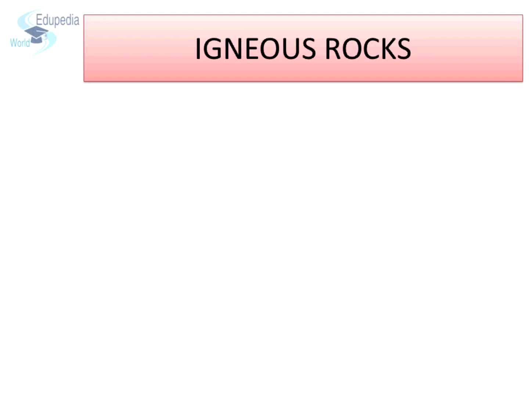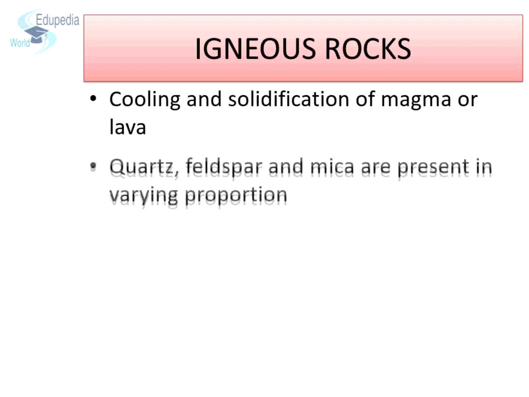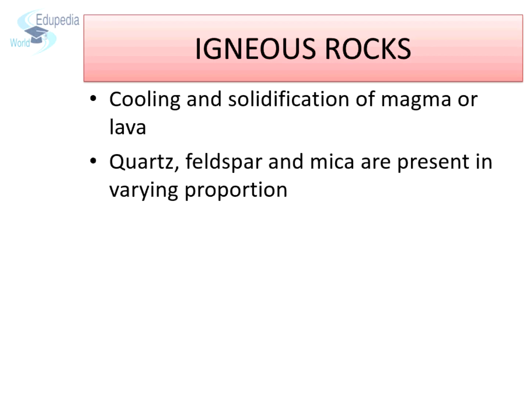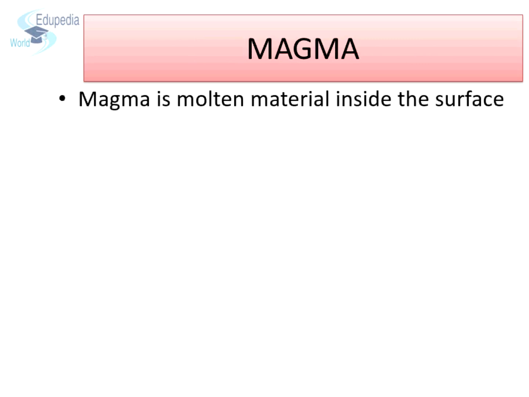Igneous rocks. Igneous rocks are rocks formed due to the cooling and solidification of magma or lava. All igneous rocks contain quartz, feldspar, and mica in varying proportions. The molten rock matter out of which all igneous rocks are formed is known as magma.